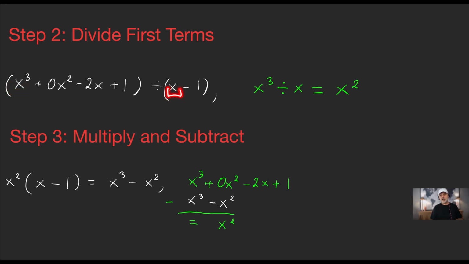That would give you x to the power of 2, as you can sort of predict. And then the next step, you multiply. The result that you get, you go back and multiply it by the divisor. So this is why you see x squared times x minus 1. This is going to be the new polynomial that is written right below, and you subtract. So that is sort of the process. It will make sense in a second when I walk you through the actual question.